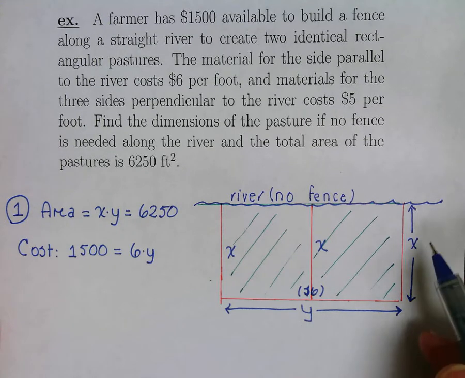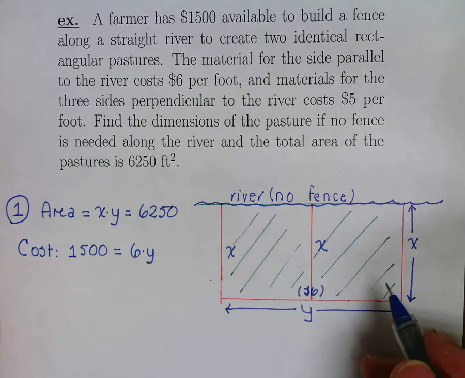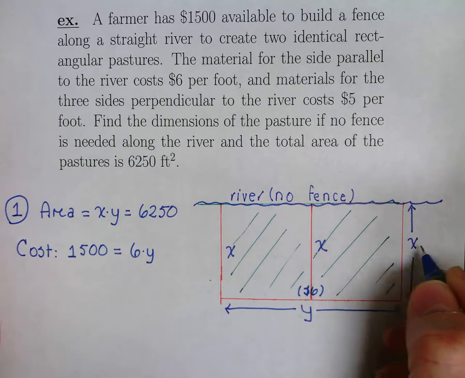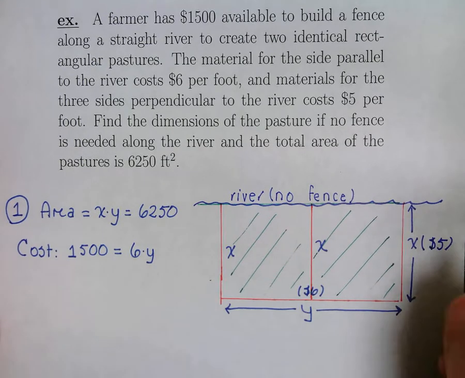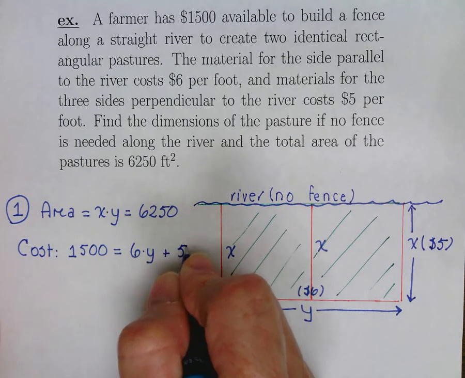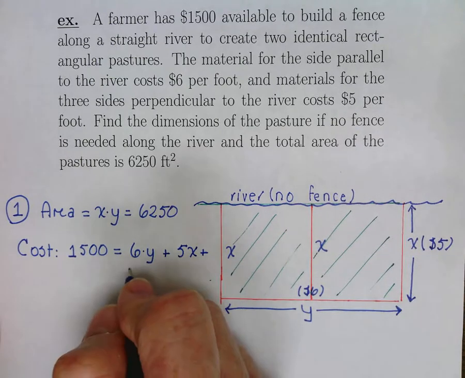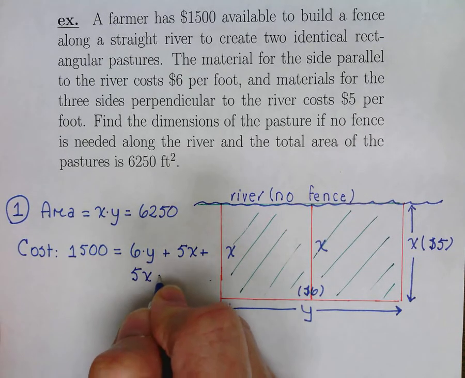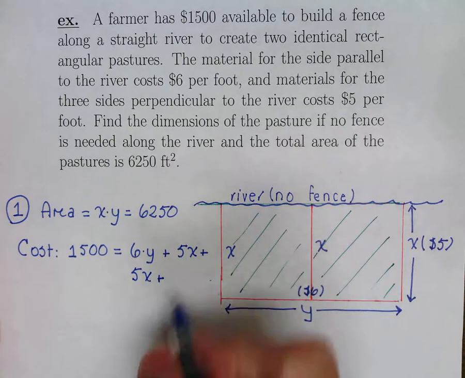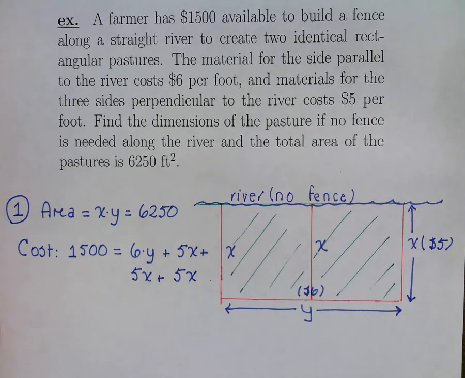Now we're told that the sides perpendicular to the river can use a little bit cheaper fence. It doesn't have to look so nice, and so that only costs $5 a square foot. So this length is 5x, but I have the same cost for the middle fence and the same cost for the other side. Does that make sense?